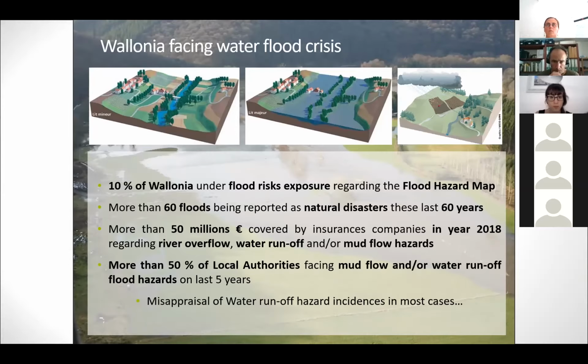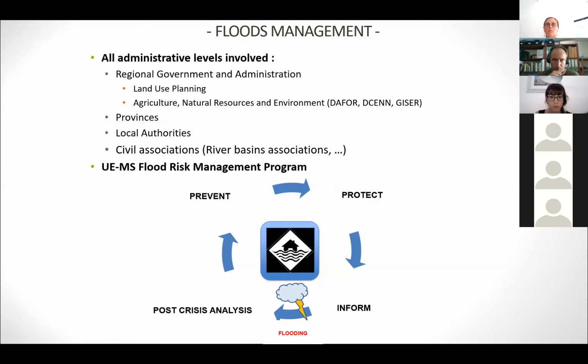Next, please. Here you have how we do the flood management. It involves different levels of administration. So we have the regional level, then the provinces, the local authorities and civil associations. It's like it was mentioned in Flanders. Also, there is collaboration within these levels, following the severity of the flood.